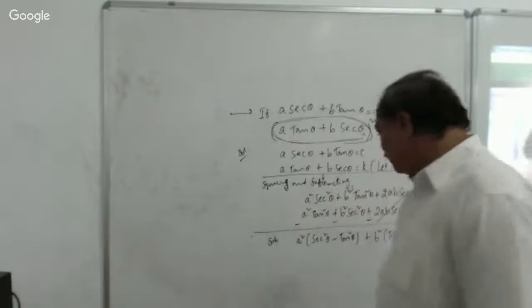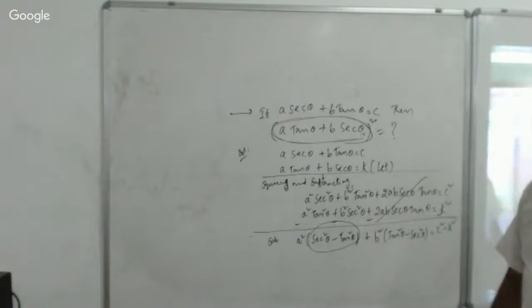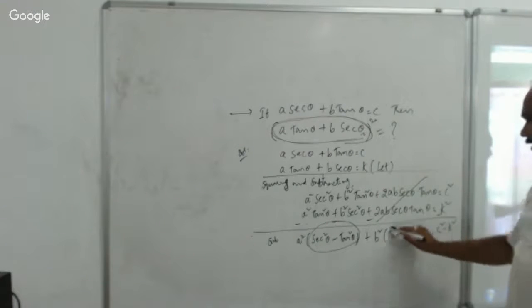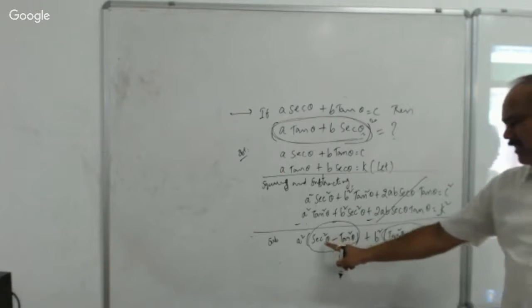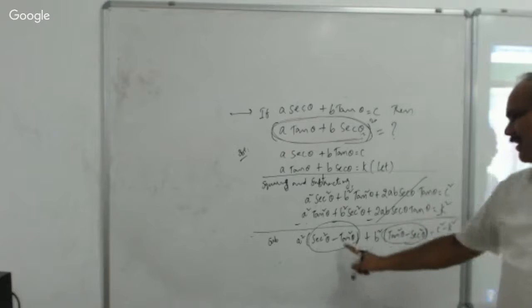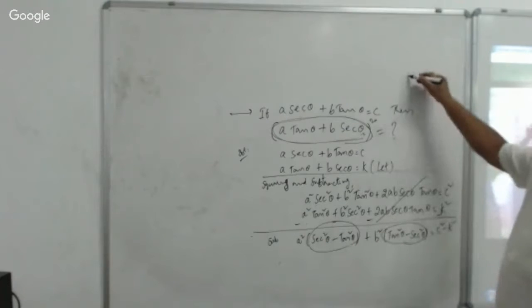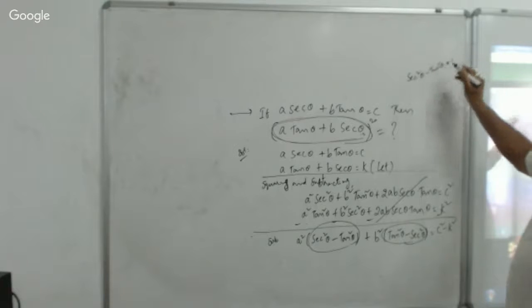Now, what is the value of secant square theta minus tan square theta? 1. What about this? Minus. Only simple. It is minus 1. Here, secant square theta minus tan square theta equals 1.